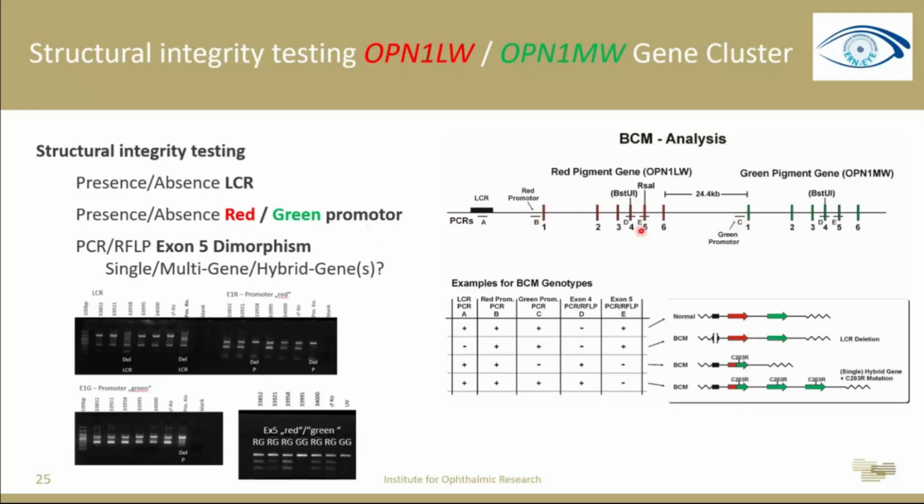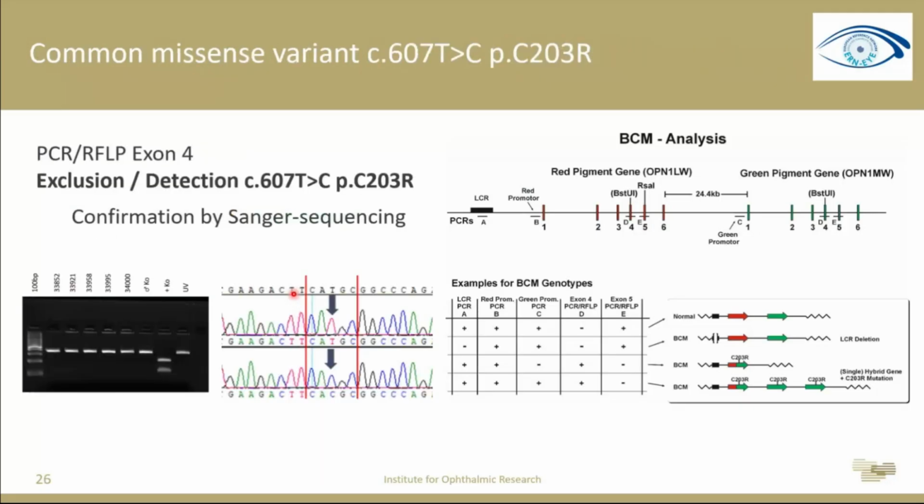And then we test for the presence of a single nucleotide polymorphism in exon 5 that allows us to draw a conclusion, in combination with these PCRs and RFLPs, on whether there is a single gene in the cluster, whether this is a single red or a hybrid gene, or whether there are multiple genes in the cluster.